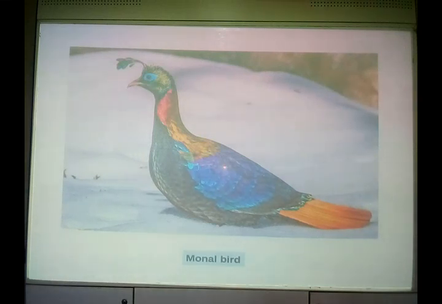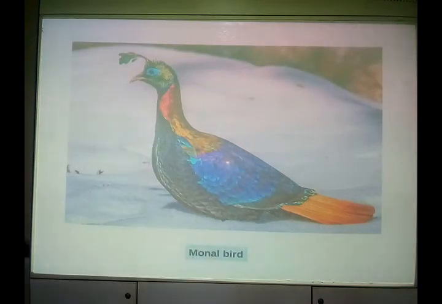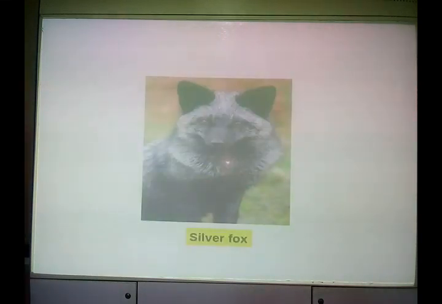So I thought that you should know these birds by the picture, because the things that we see usually stay inside our head. This is a beautiful picture of the monal bird, very beautiful as well as colorful. Now one more animal I want to speak about is the silver fox.